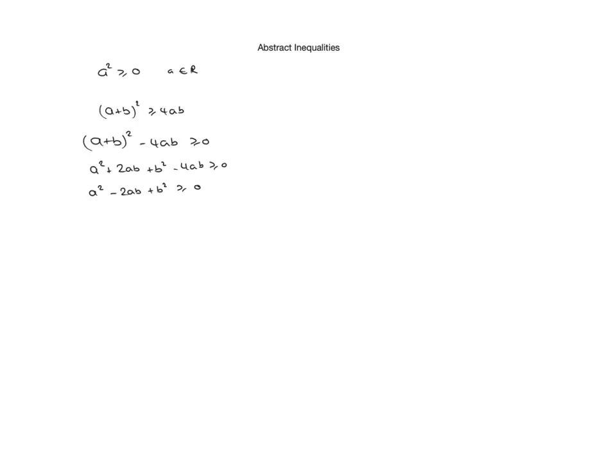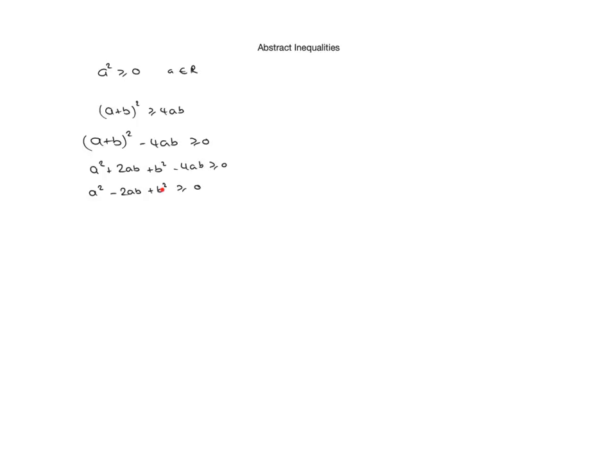You'll get to this stage quite easily with a lot of these, and then you've got to try and put this back into essentially a square bracket. If you look at the original bracket that we expanded, (a plus b) squared went to a squared plus 2ab plus b squared, and we have a squared minus 2ab plus b squared.